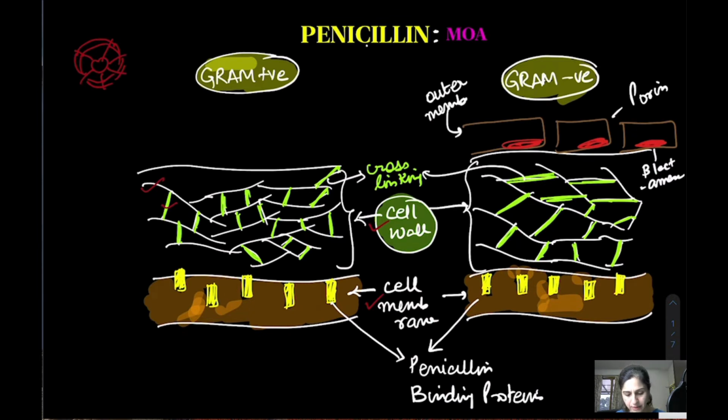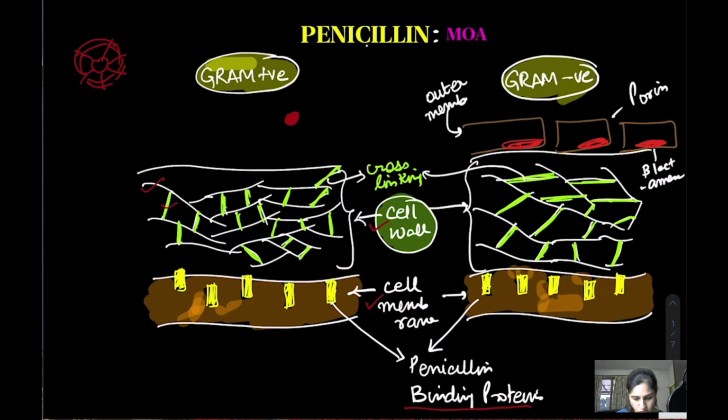Then we have the cell membrane, and in the cell membrane we have these yellow structures that are called penicillin binding proteins. As the name suggests, the penicillin is going to go and bind to them. So what does the penicillin do? Let's say this is the penicillin here.